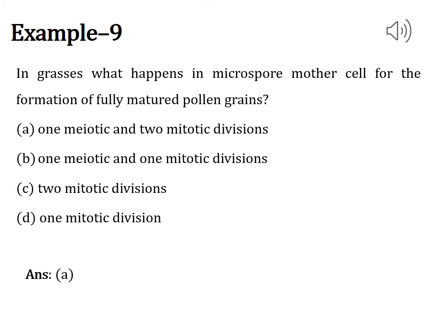So the answer is A: one meiotic and two mitotic divisions take place in grasses.